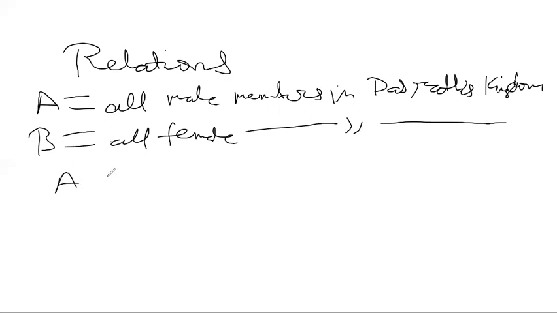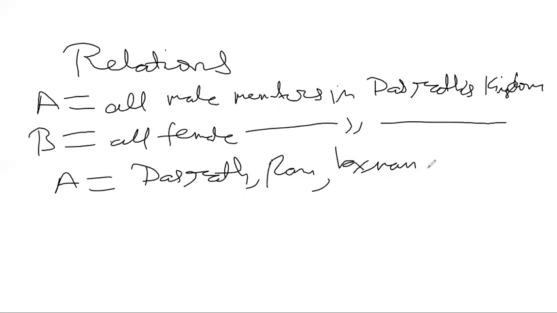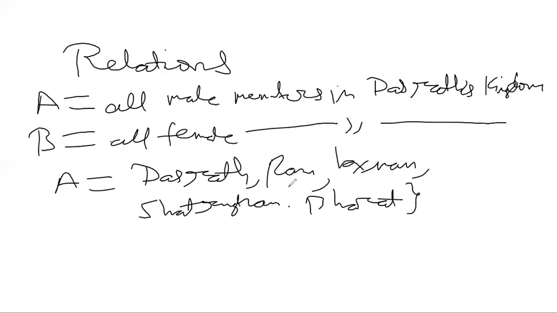Now let us take A is equal to, let us take the names of all the male members: Dashrath, then Ram, then Lakshman, Shatrughan, Bharat. Okay, let us close the bracket.